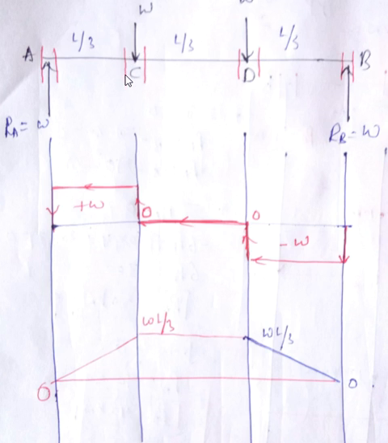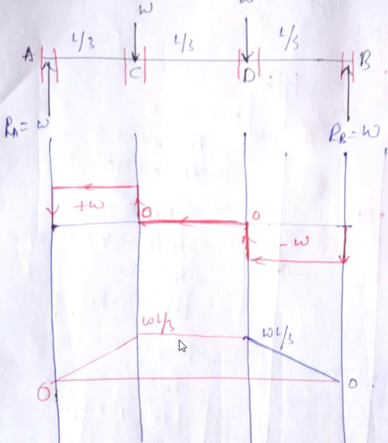Suppose I am considering this section, there is only one force, and this force is bending the beam in upward direction with respect to this cross section. Upward direction means positive, so it is plus W into L by 3. So at this section it is plus WL by 3. Since you can go from either right or left, but it is comfortable if you go from the left.